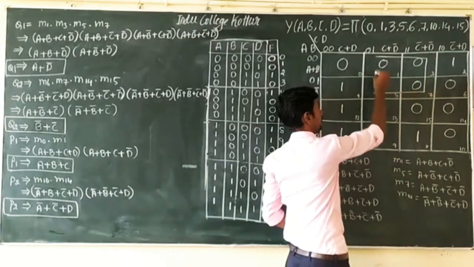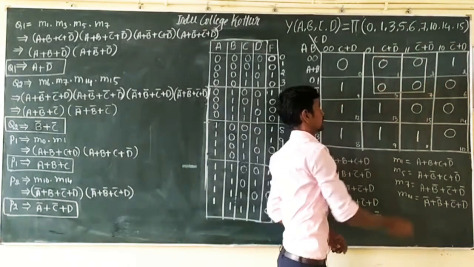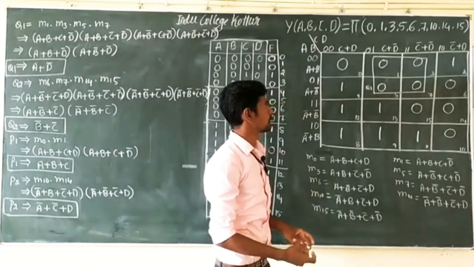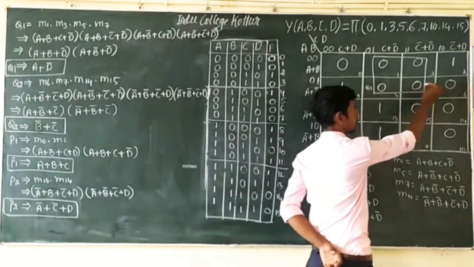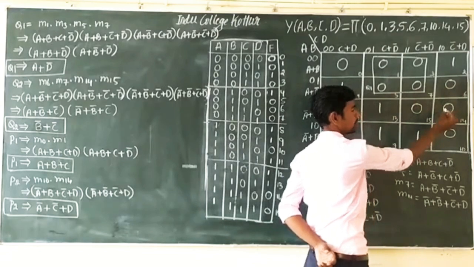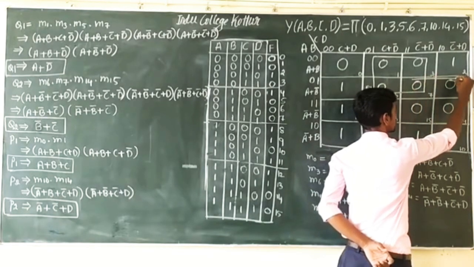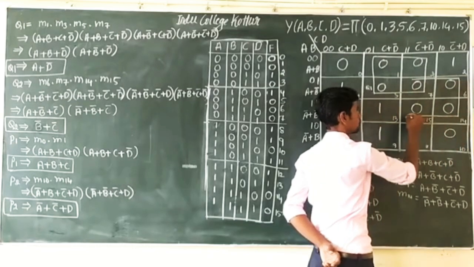You can map it. This is quad 1. Next, again here is 0 0 0 0. Yes, we can get another quad, number 2.